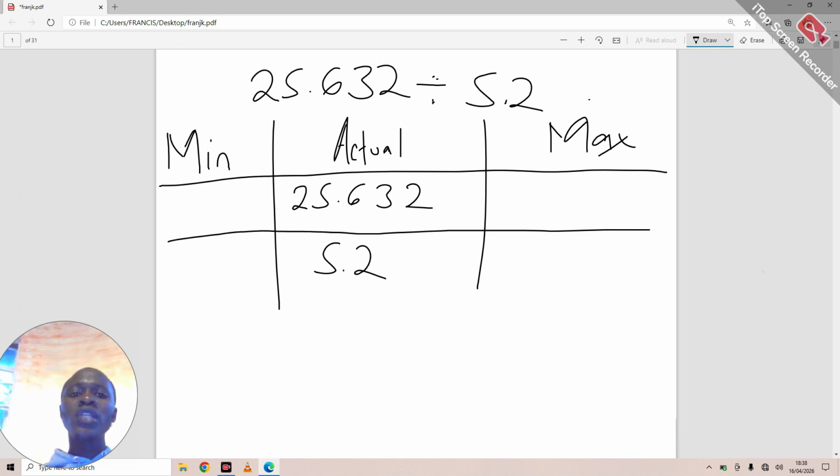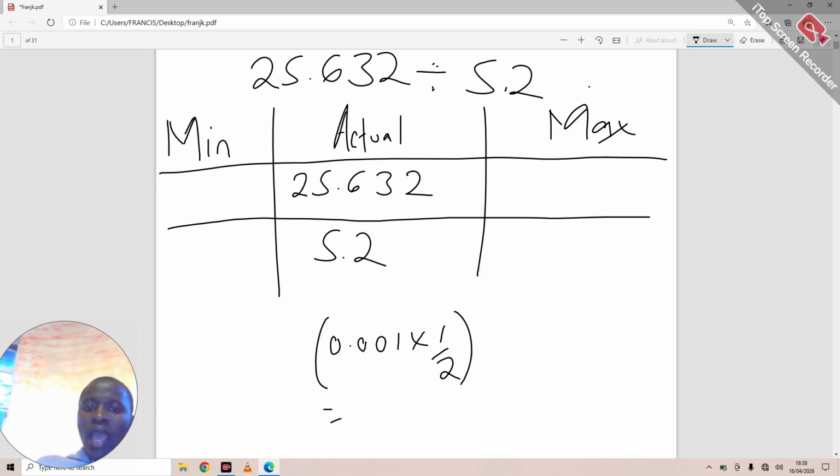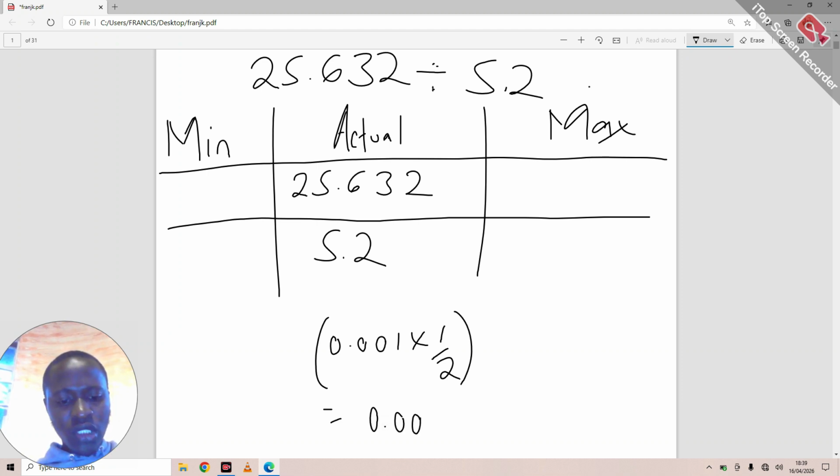Now, what is the accuracy in 25.632? The accuracy there is 0.001. Then you multiply by a half to get the absolute error. So having 0.001 multiplied by a half, we get 0.0005.